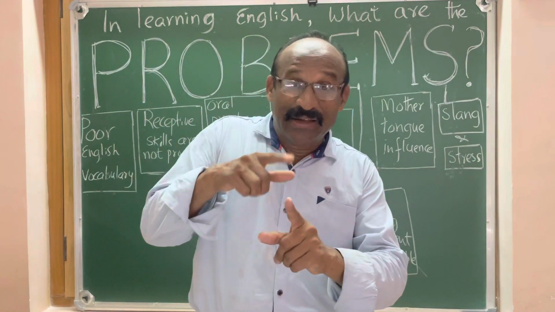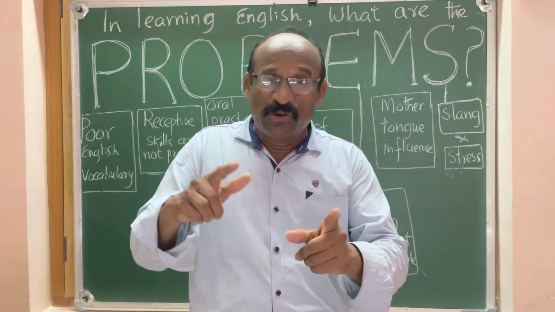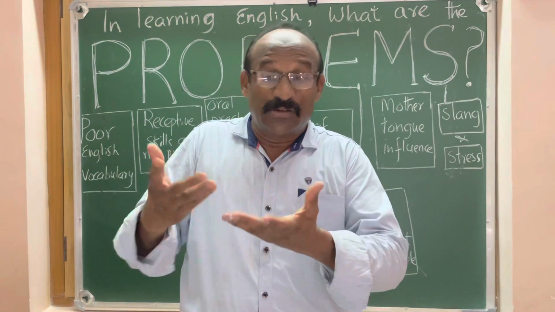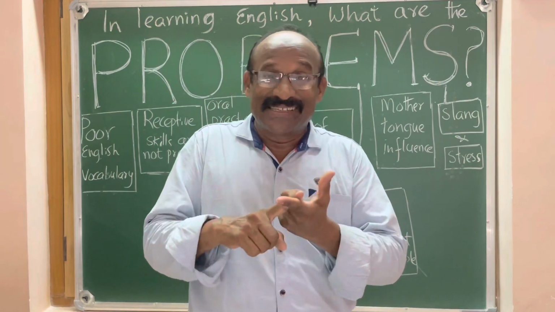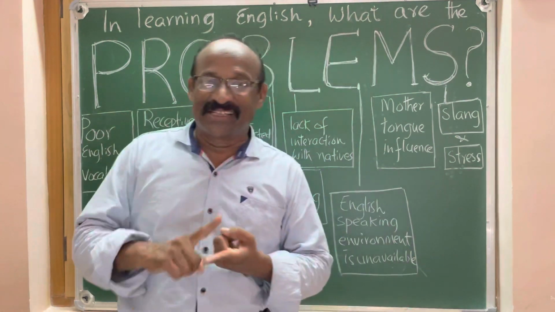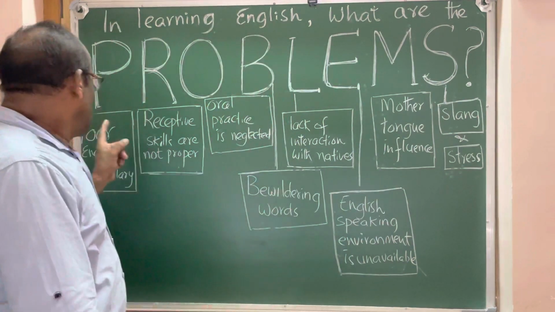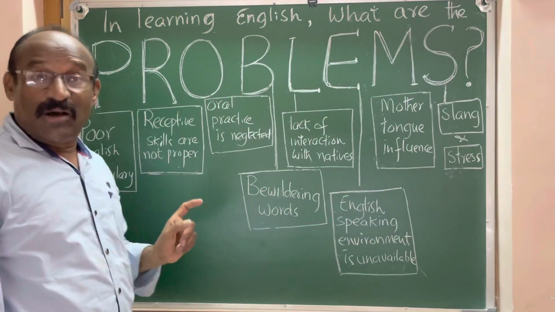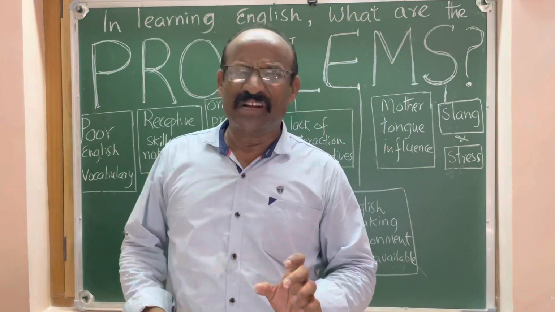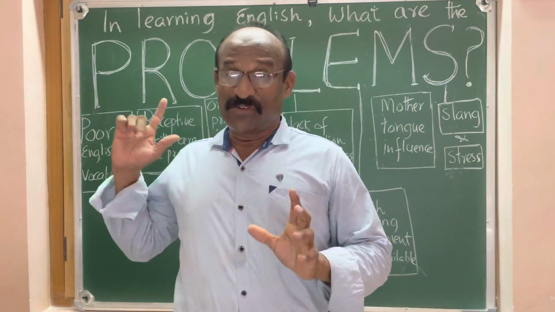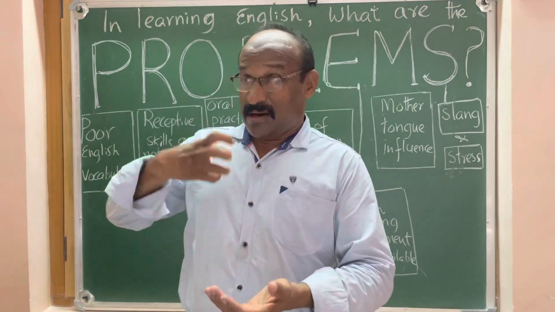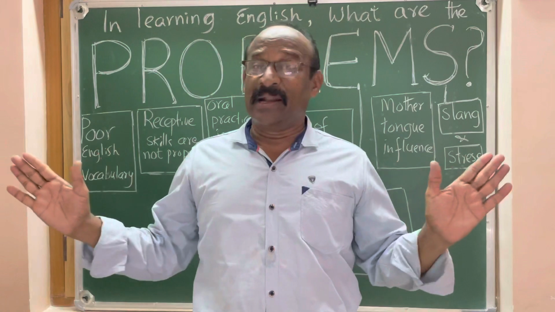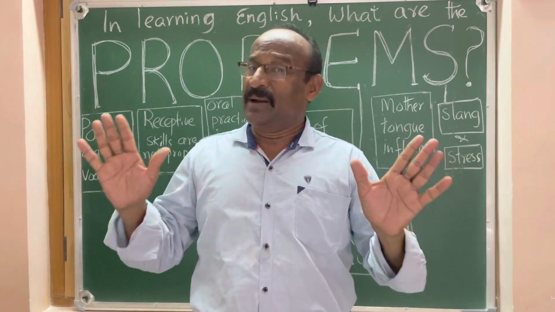But if you read "mango" in English, it doesn't sound like it is spelled, because English is not a phonetic language. That is the main problem of poor English vocabulary. Pronunciation is also very difficult, because spelling and pronunciation are not well matched, as I told you.